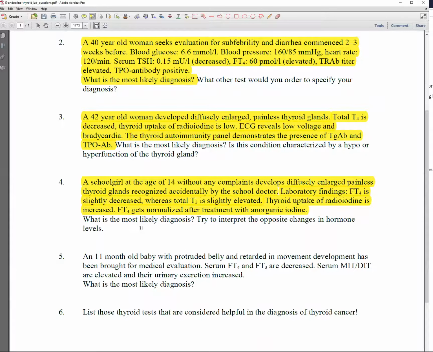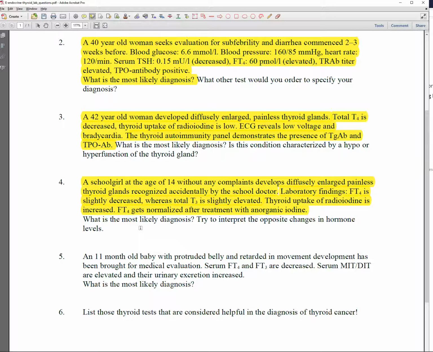Now, what will happen when we have a very high TSH level? The gland enlarges and becomes hypervascularized to be more active to filter out the small amount of iodine. If you give radioactive iodine to this patient, what do you detect?